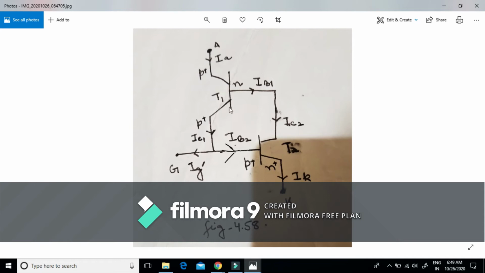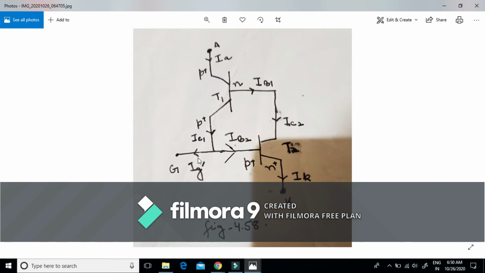Here we have two transistors T1 and T2. This is the cathode current, this is the base current, which is basically the collector current for transistor T2. This is the emitter current for transistor T1. This is the collector current for transistor T1. This is the emitter current for transistor T2, and this is the base current.